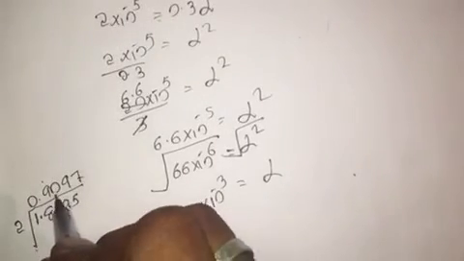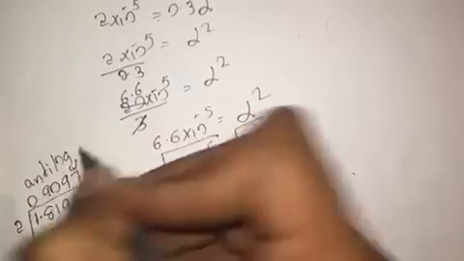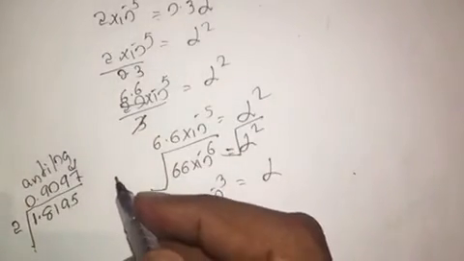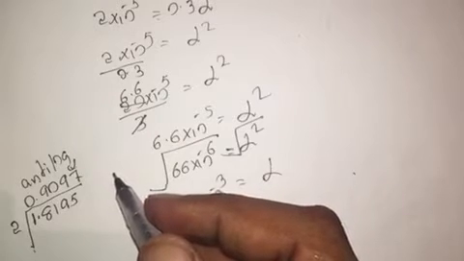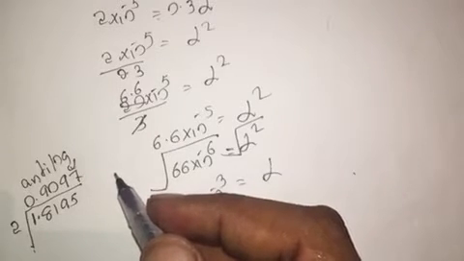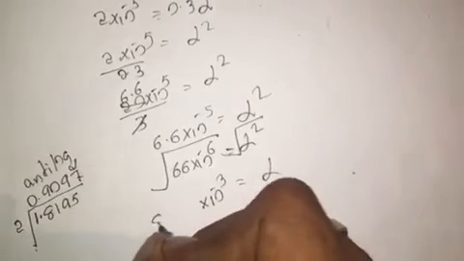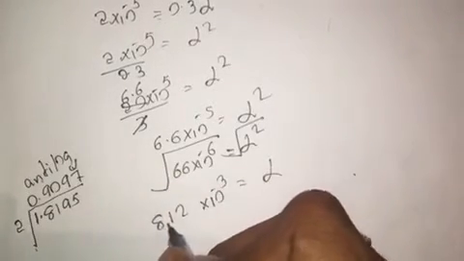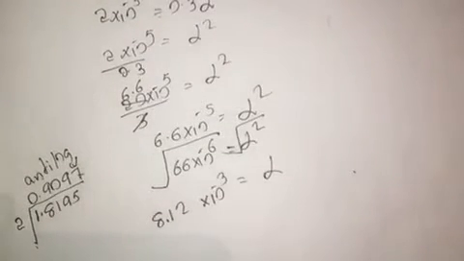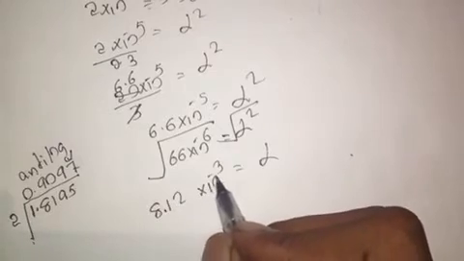Now get the antilog of this number, 8.12. Alpha equal 8.12 into 10 to the power minus 3.